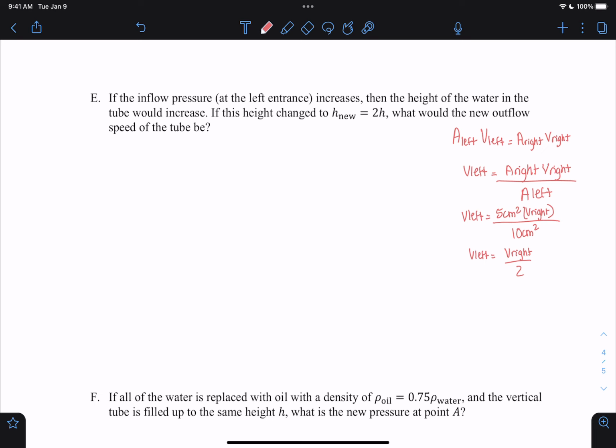So once we write down this equation, right, we have P A plus half rho V A squared, or we can say P left plus rho g h left. I actually wrote that the other way around, my bad.